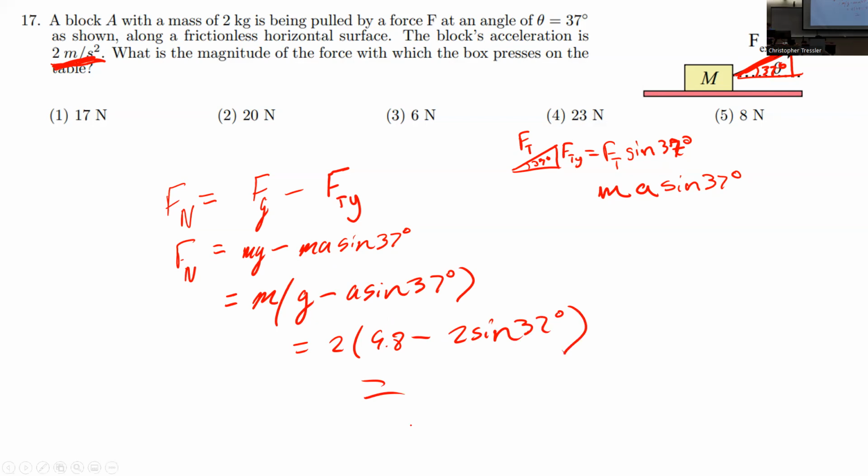We make that a negative, add the 9.8, and then times that by 2, and we get 17.19 newtons. That's our final answer, 17.19. Cool.